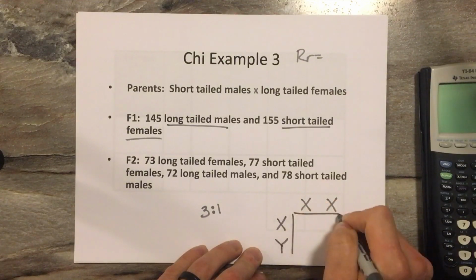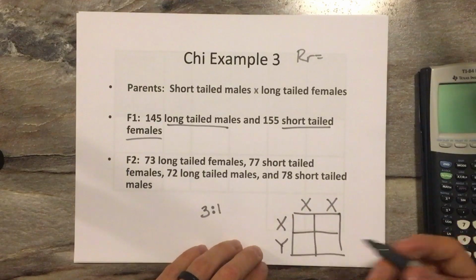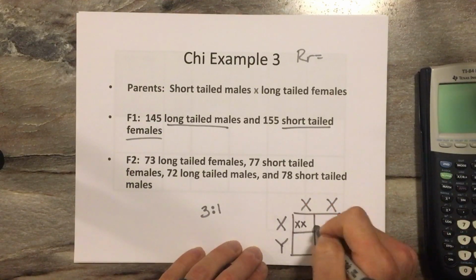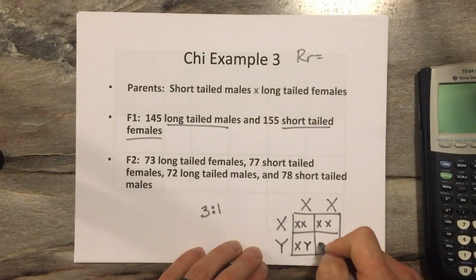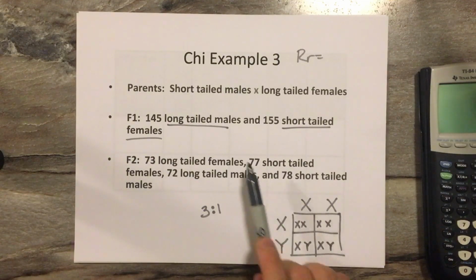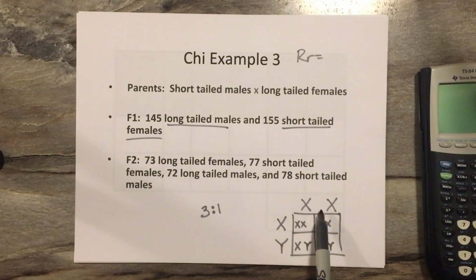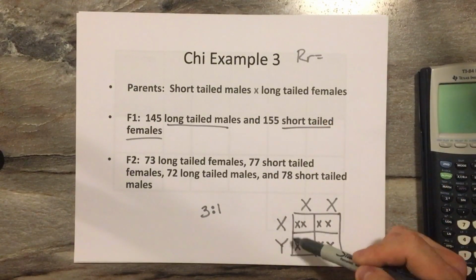Right? Now, I didn't add any alleles here yet, but we know that normally we're going to have our even distribution, 50% to 50% of males to females right there. Now, we know that this female has to have a short tail, and we know that the male has to have a long tail, all right?